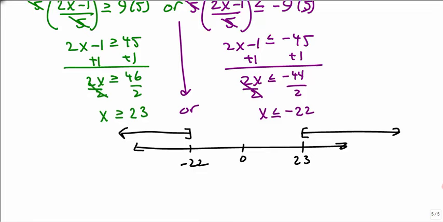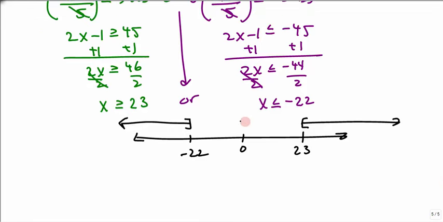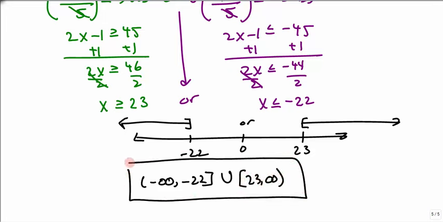So when I write these out, remember it's an OR, it's not what they have in common, it's what's covered. This would look like negative infinity to negative 22, or we're going to use our bracket, not a parenthesis, 23 to infinity. And there's our solution.